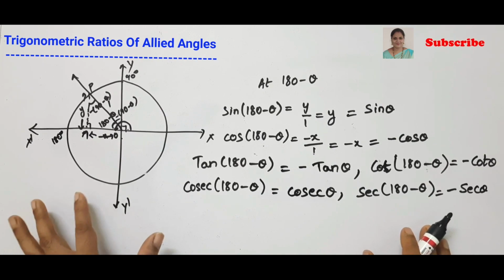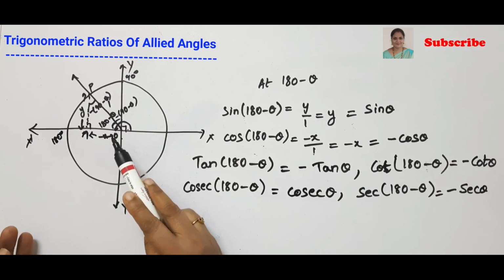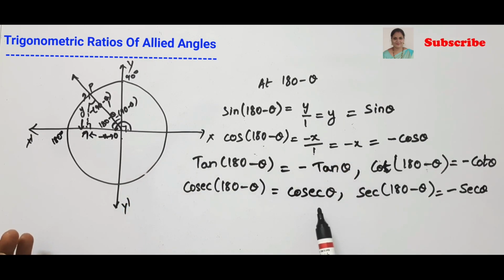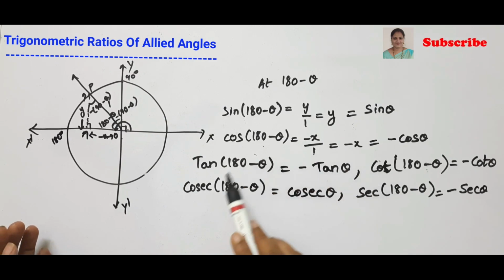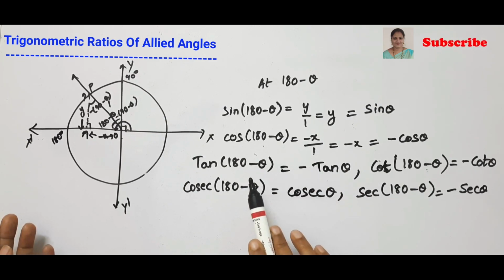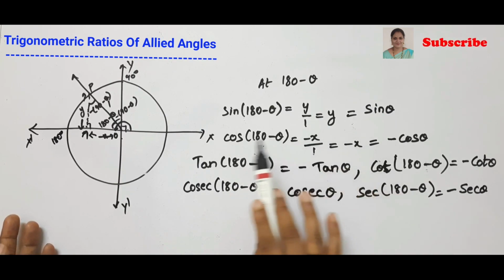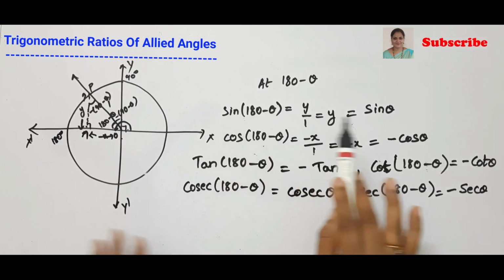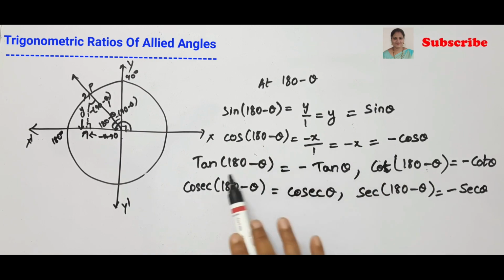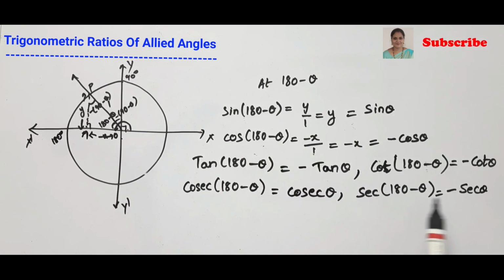So at an angle 180 minus theta, sine and cosecant will be positive, remaining all trigonometric ratios will be negative, and if you observe, there is no change in the trigonometric ratios. Sine remained as sine, cos remained as cos, tan remained as tan, cot remained as cot, cosecant remained as cosecant, secant remained as secant.